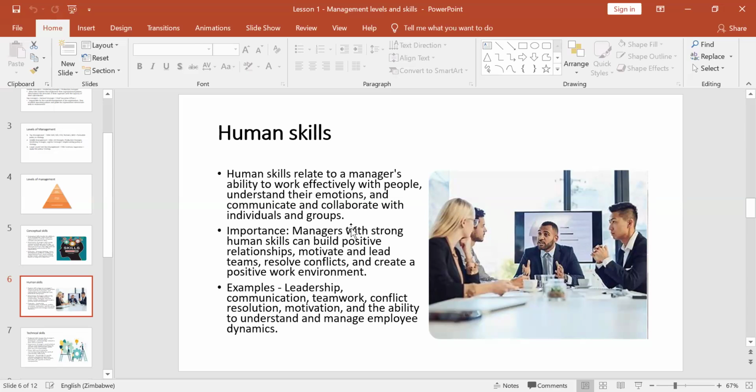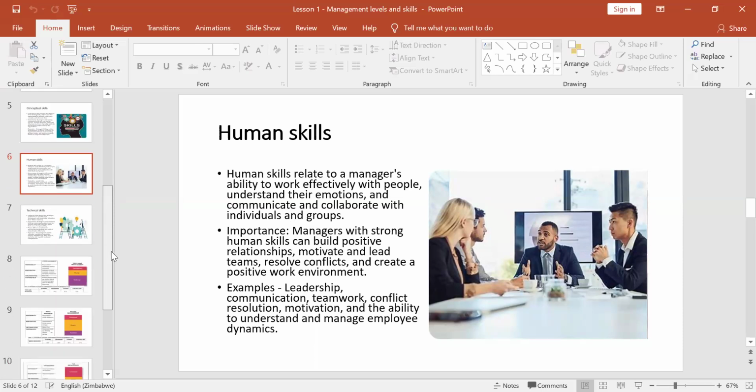And the importance is that as a manager, you definitely deal with people. You need to be able to deal with people. You need to build relations. You need to motivate. You need to resolve conflicts. You know, there is a lot that you do which involves people. And the examples of such skills, we have leadership, communication, teamwork, conflict resolution, motivation, ability to understand and manage employee dynamics.